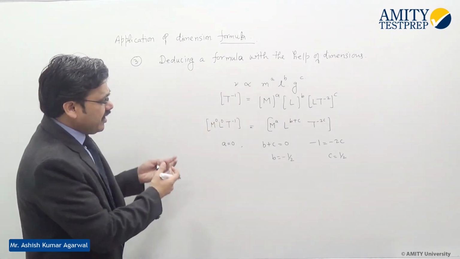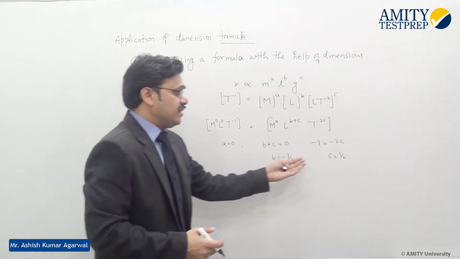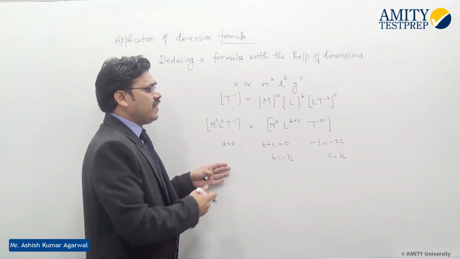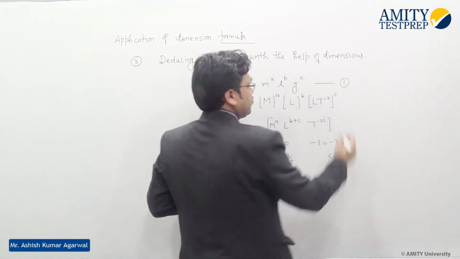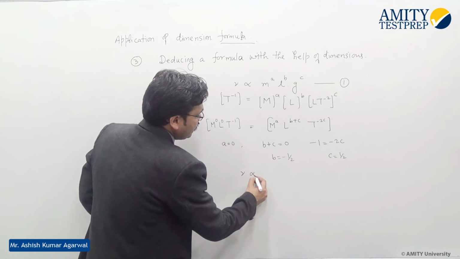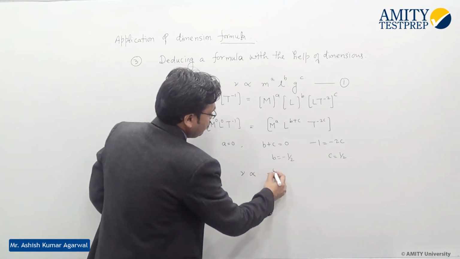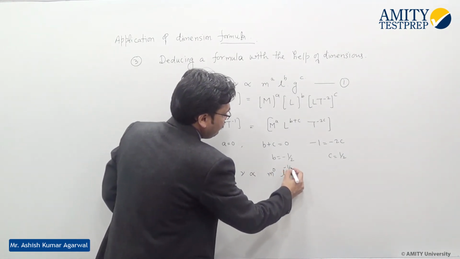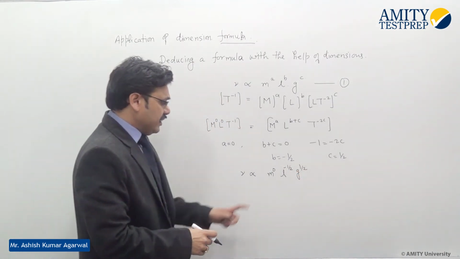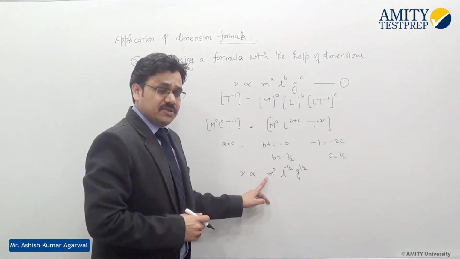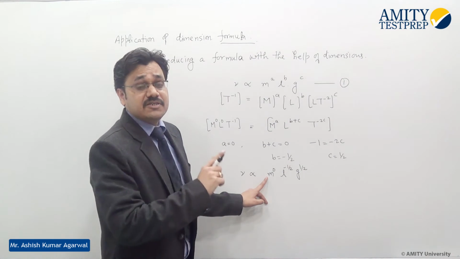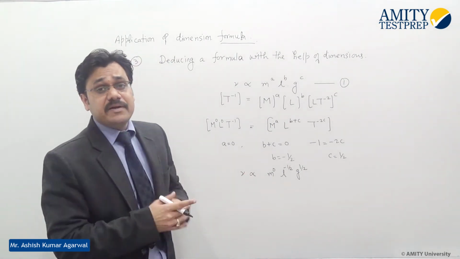Now you have the values of the dimension constants a, b and c. You have to put these values in our first equation. So when you place them, frequency is proportional to M to the power 0, L to the power minus half and g to the power half. You can clearly see M to the power 0: when the dimension is 0, it is not related, which means this frequency is independent of mass.